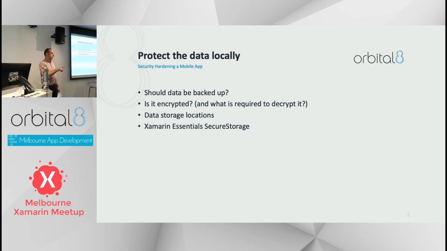And it will also mean that any secure storage values will be copied in backups across to other devices and other phones. But if those key values are regeneratable via APIs or whatever, then I like to set after first unlock this device only, which means that value will never leave the device.